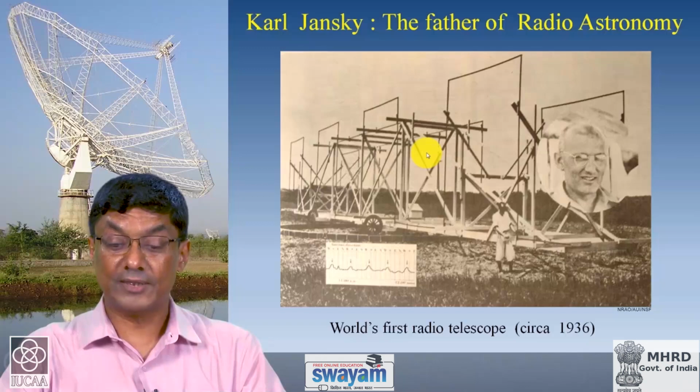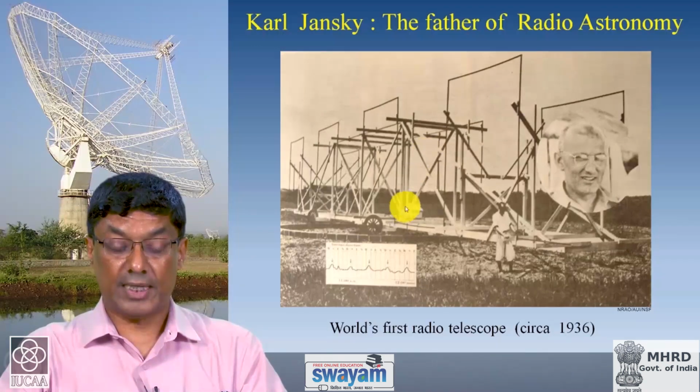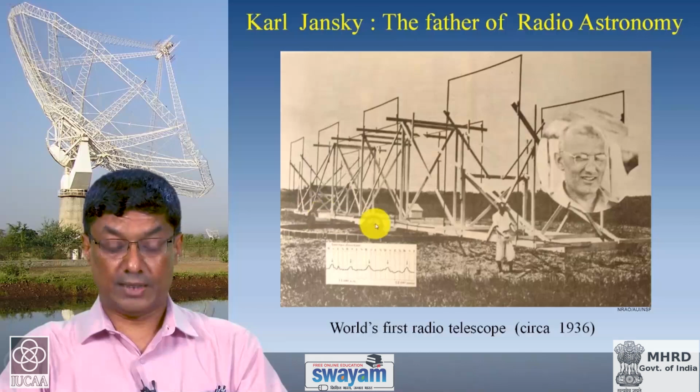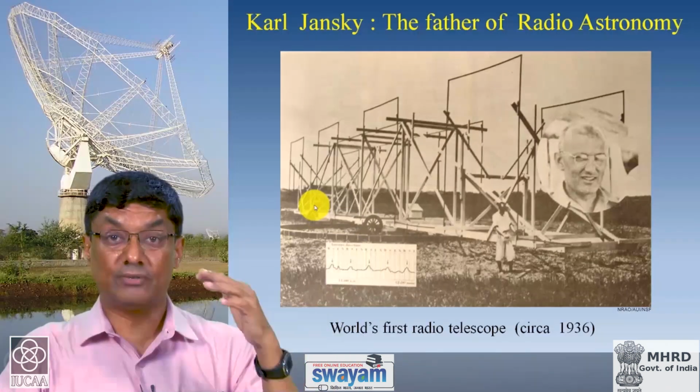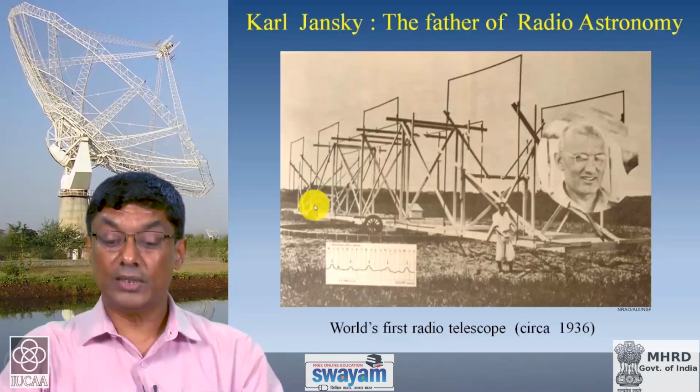though modern radio telescopes look quite different from this. But he built this, and as you can see, it's mounted on a rotating platform which can go around and therefore point in different directions around to see if there is interference signals coming from somewhere.